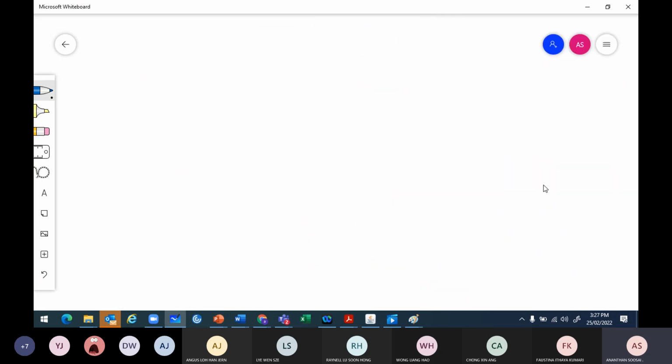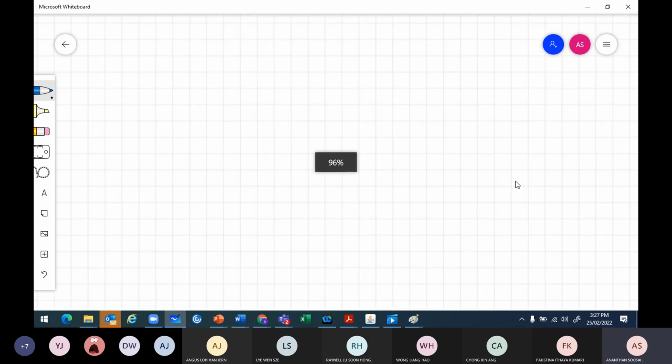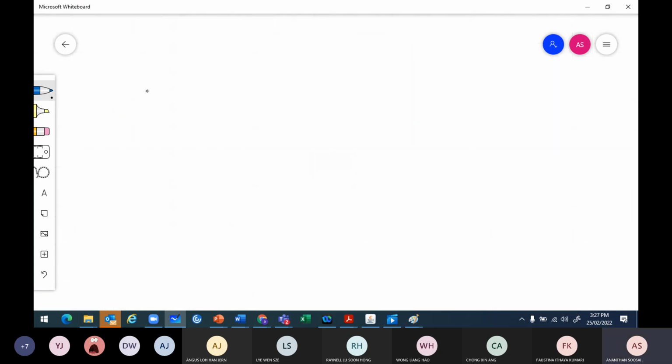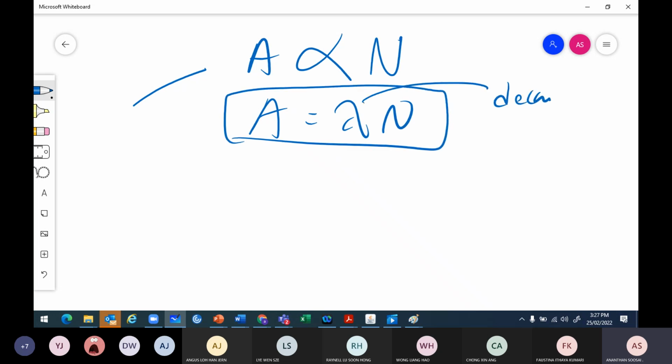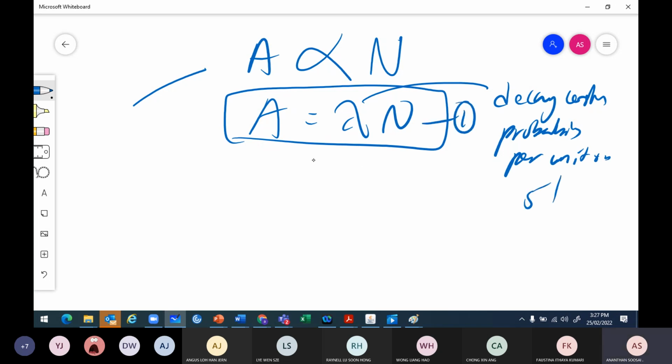So what did you learn today? Radioactivity. The activity is found to be proportional to the number of particles, which leads to lambda N. The lambda is called the decay constant. What is the decay constant? It's the probability for an atom to decay per unit time, and the unit is per second. That's the first formula.